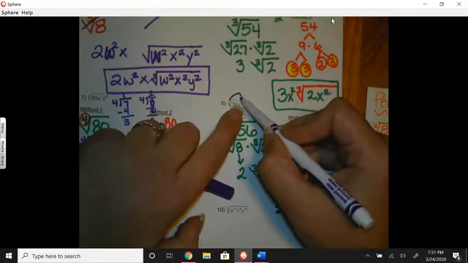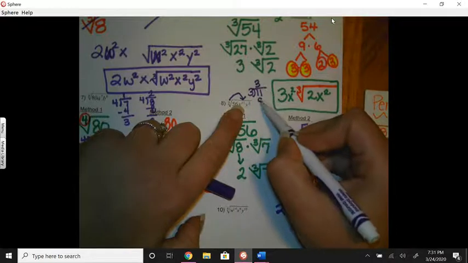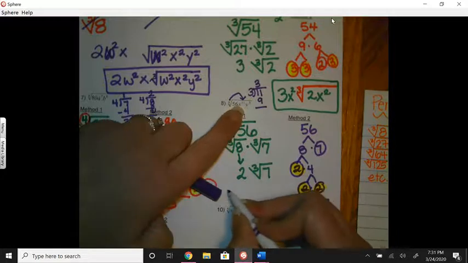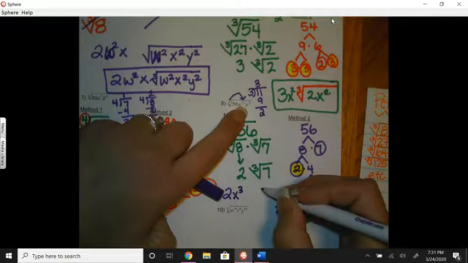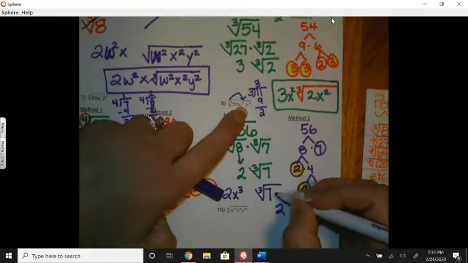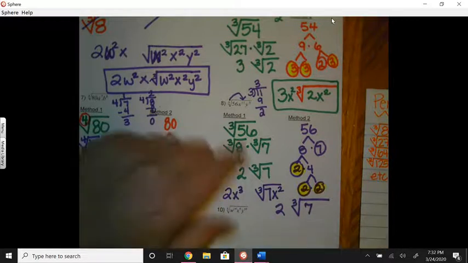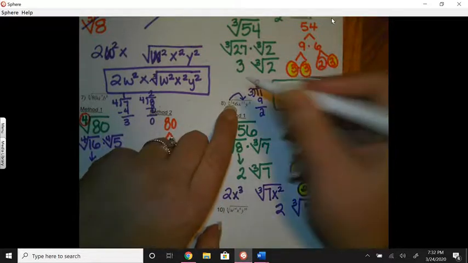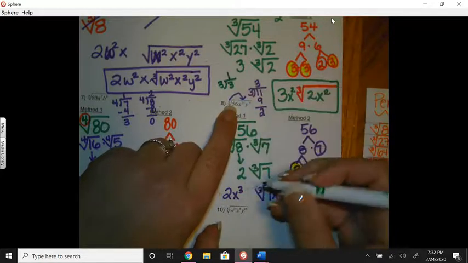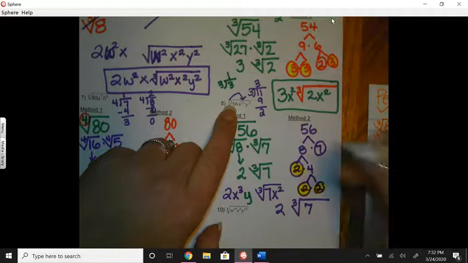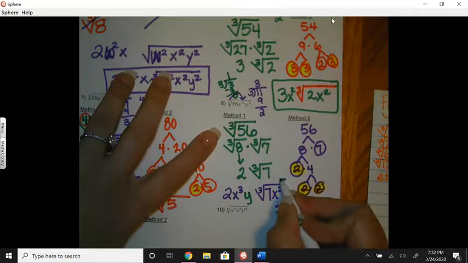So 3 goes into 11 three times, so we would have x cubed, and then the remainder is what would be on the inside. And now we would do the y's. 3 goes into 3 once, so we would just have a y on the outside, and there would be nothing left inside. So this would be our final answer.